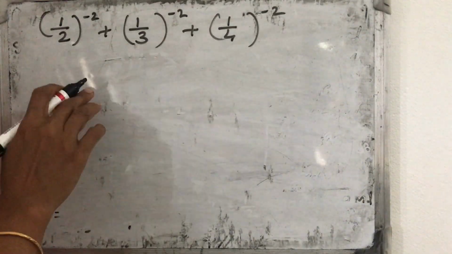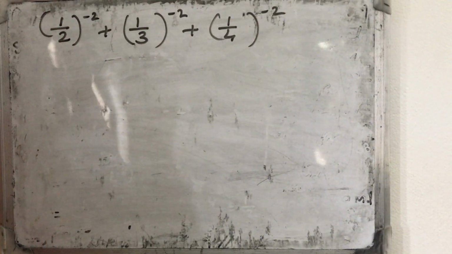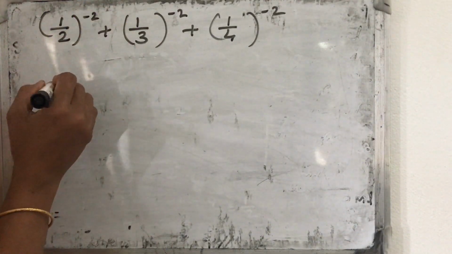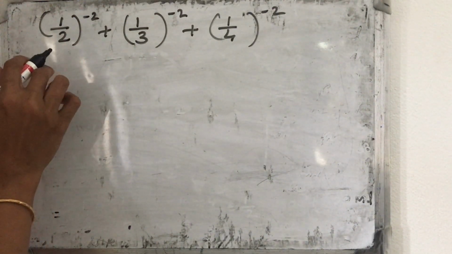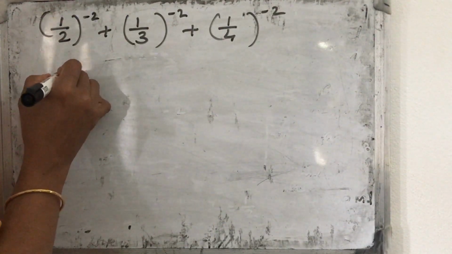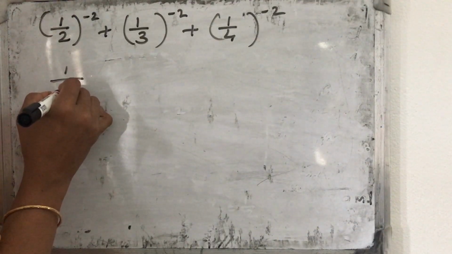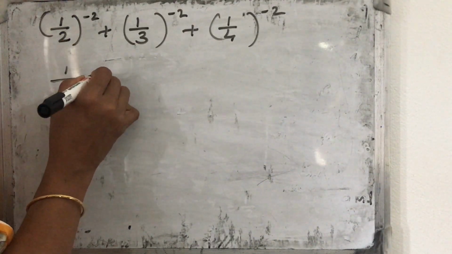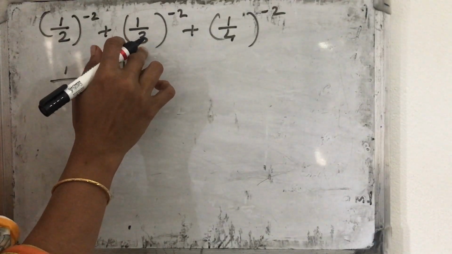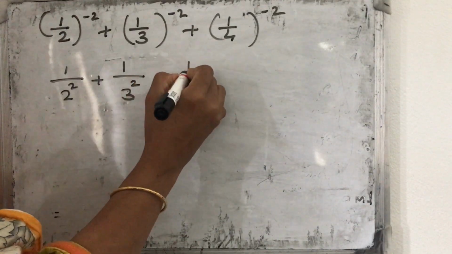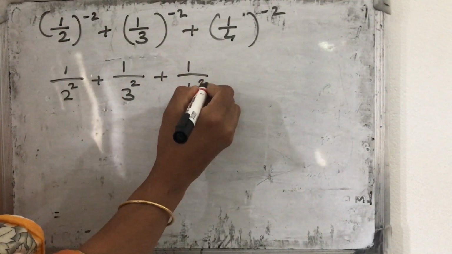Okay, so here also we can use the same law, a raised to minus m we can convert into 1 by a raised to m. So this will be equal to 1 by 2 square plus 1 by 3 square plus 1 by 4 square.